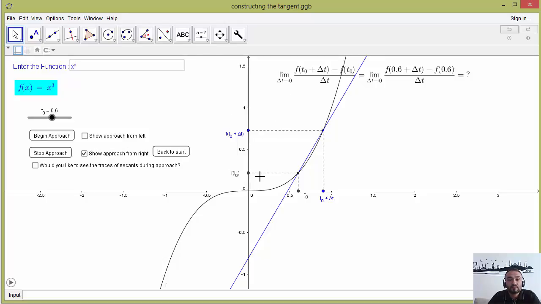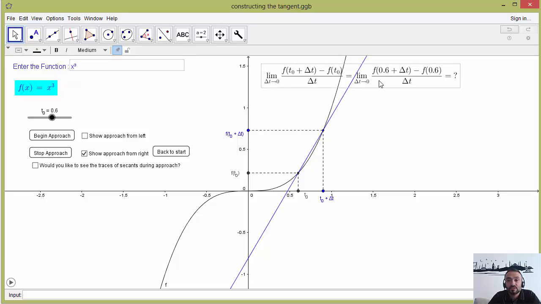Now I am trying to measure the speed of changing value of this function at t0. t0 is 0.6. The function is x cube, and I am creating the secant between t0 and t0 plus delta t as written here.